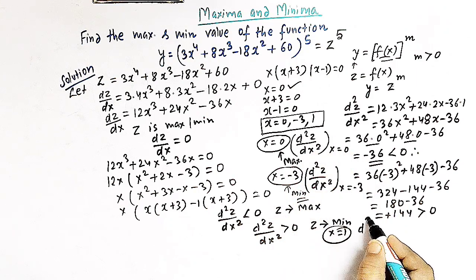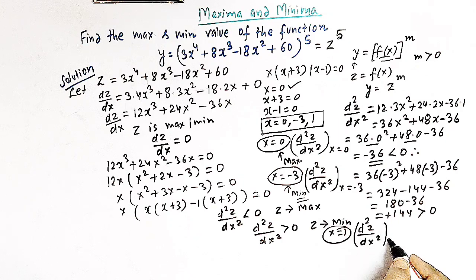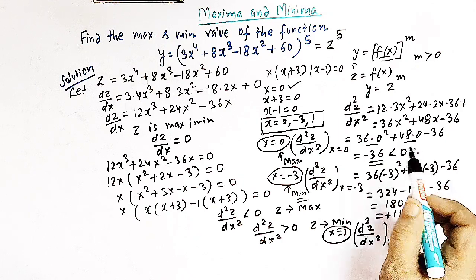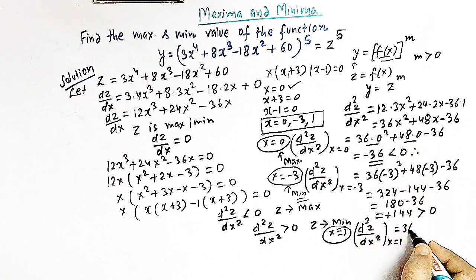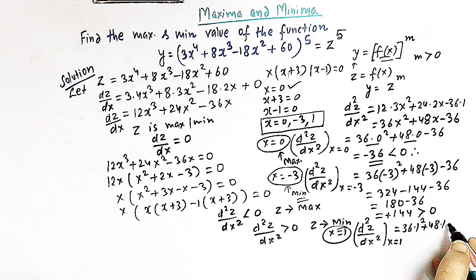So the second derivative at this point is given by this expression. So taking x is equal to 1, we have 36 times 1 square, then we have 48 times 1 minus 36. So we have 36 plus 48 minus 36.